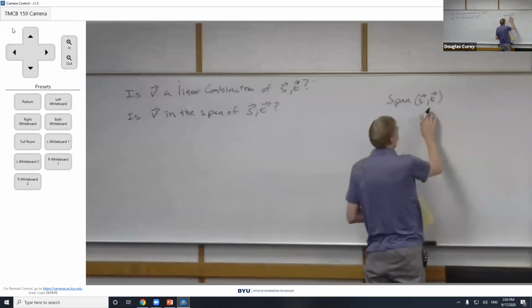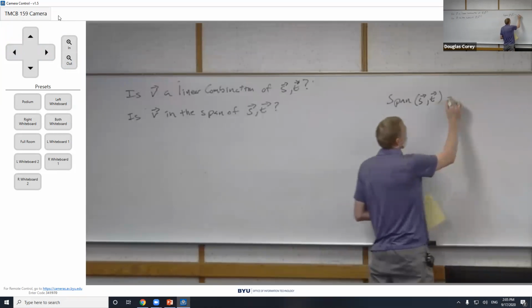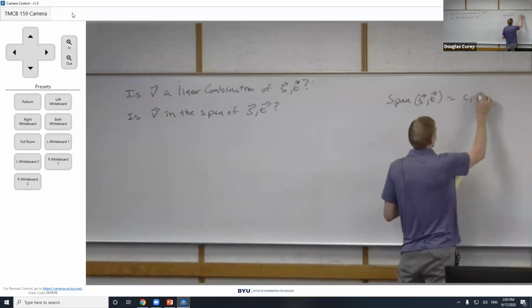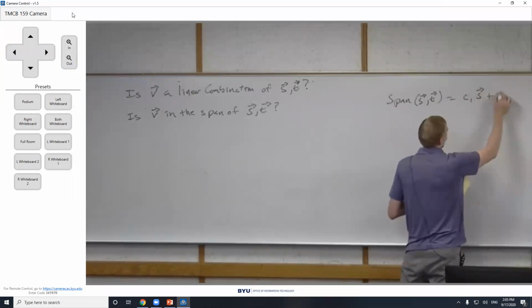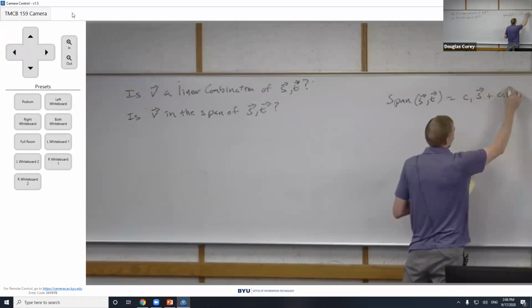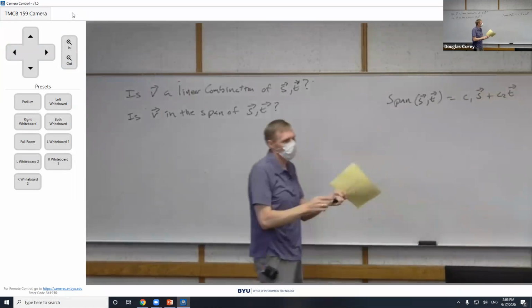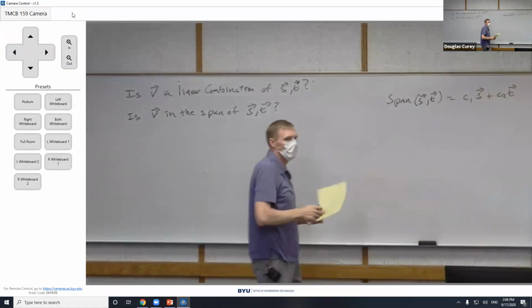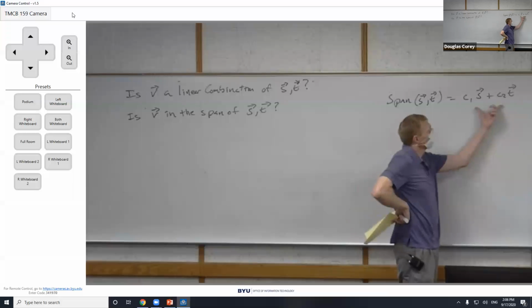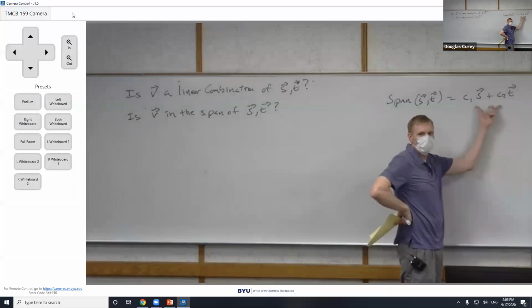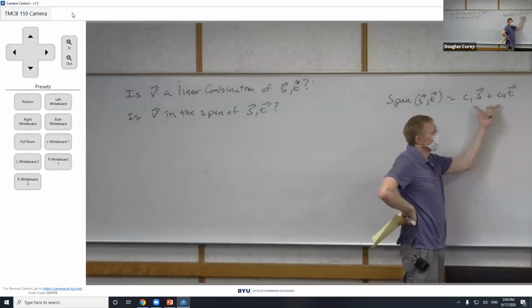Well, the span of this set of vectors, the span of S and T, that is all combinations. So we could write it this way, where C1 and C2 are any real numbers. Okay. What does this look like? This should look familiar. What does this look like the equation of?